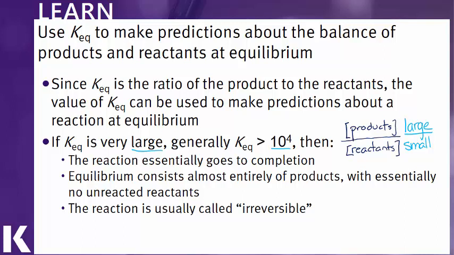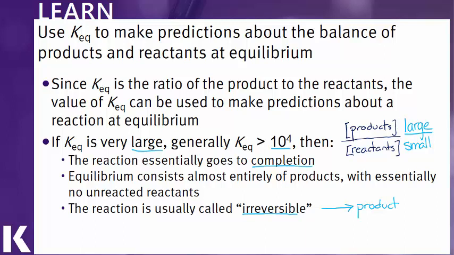So when we have a Keq that is this large, greater than 10 to the fourth, the reaction essentially goes to completion, where at equilibrium, we have pretty much only products with barely any reactants remaining. We call this type of a reaction irreversible because it proceeds forward to make product.